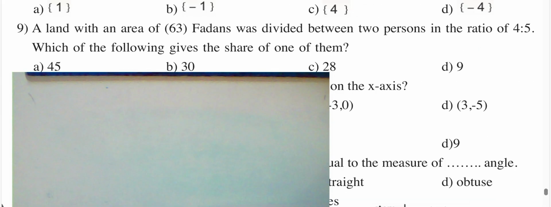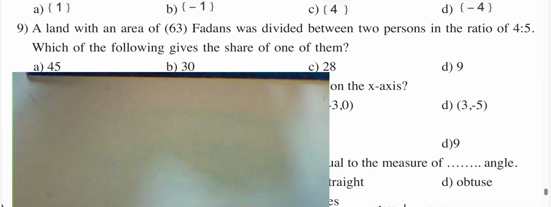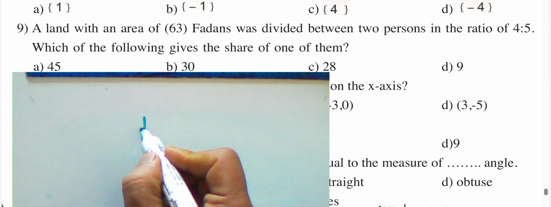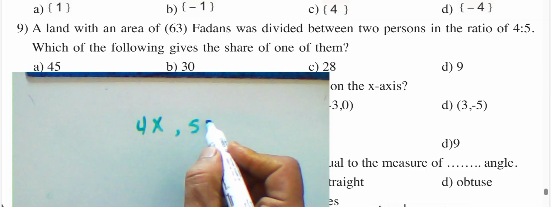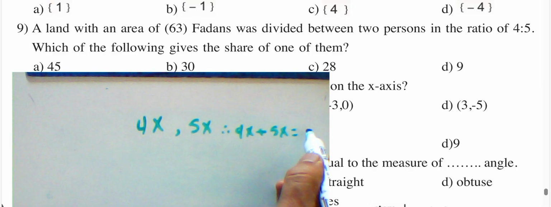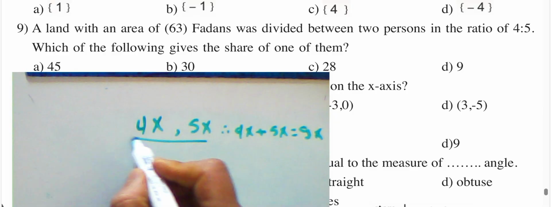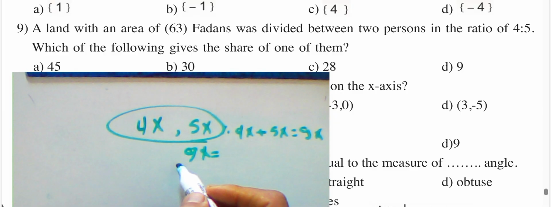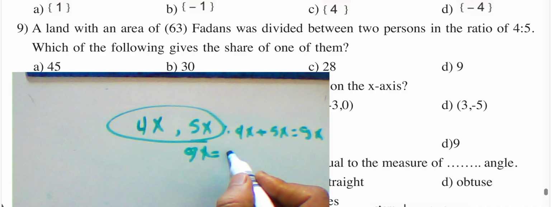Next question. Land with an area of 63 feddans was divided between two persons in the ratio 4:5. Which of the following gives the share of one of them? We divide 63 between two persons: the first 4 parts and the second 5 parts. The sum of them, 4x plus 5x, equals 9x. Collected together, 9x is equivalent to the total area, 63 feddans.